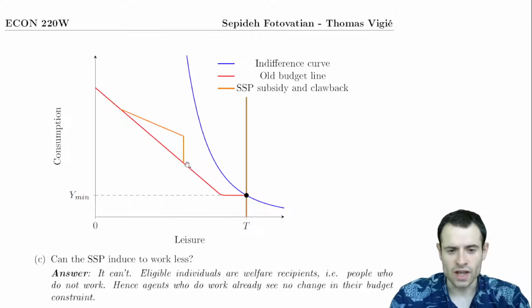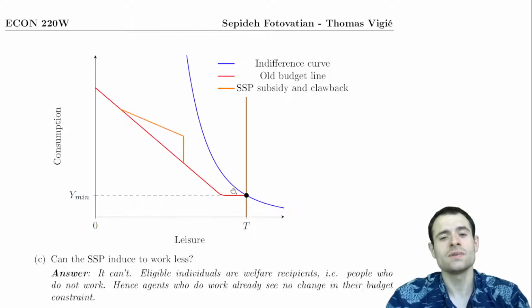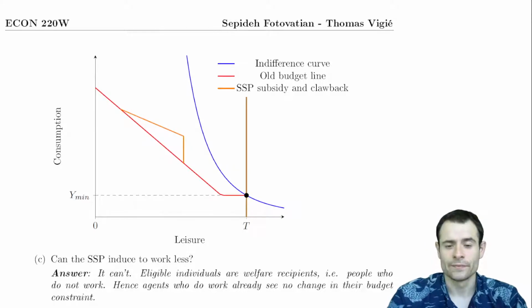The budget constraint is the same and might jump with the SSP, but our individual still reaches a higher indifference curve by not working. Working any positive amount of hours would require finding an indifference curve that touches the budget line one way or another, and that would correspond to a lower indifference curve. Hence, there are still some individuals who will not be interested in working a positive amount of hours to receive these benefits.